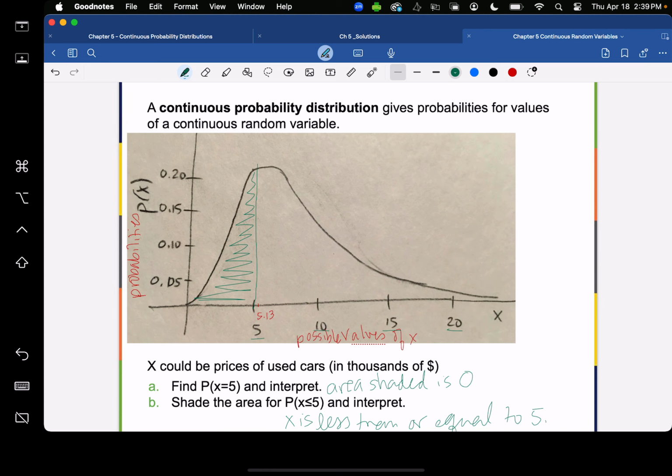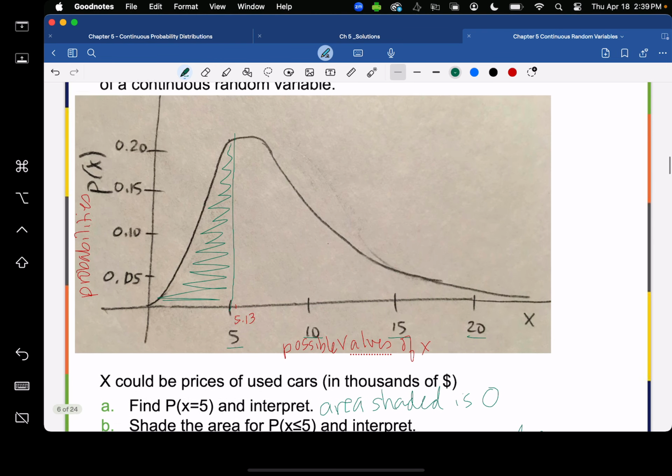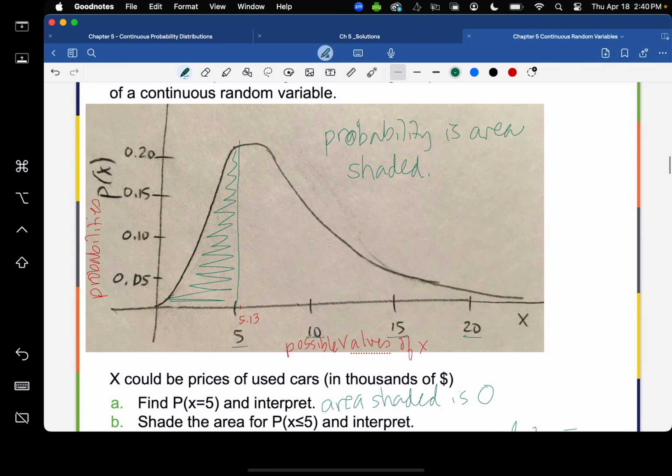We can't really read off of these numbers for the area. So let's just write a note, sorry about that. Write a note that says probability is area. Probability is area, or the area is the probability that we're shading. So what is our interpretation here?